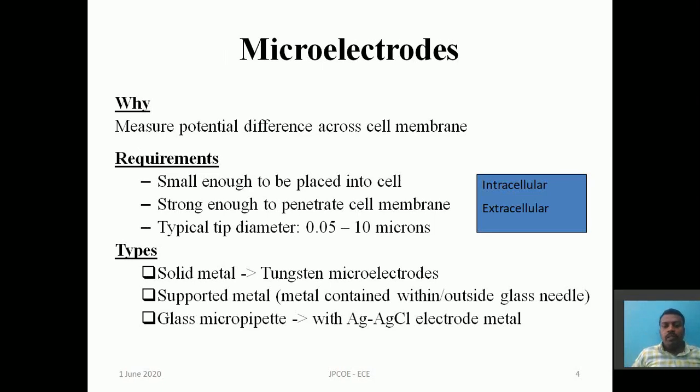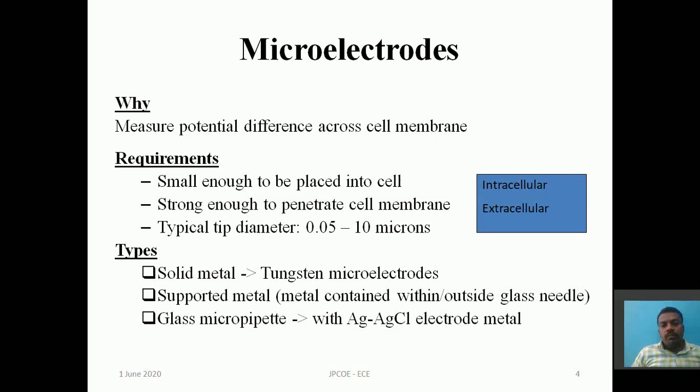First one, microelectrodes. What is the purpose of using a microelectrode? The main purpose is to measure the potential difference across cell membranes. Across the cell membrane means we have to use two locations: one within the cell, another outside the cell.